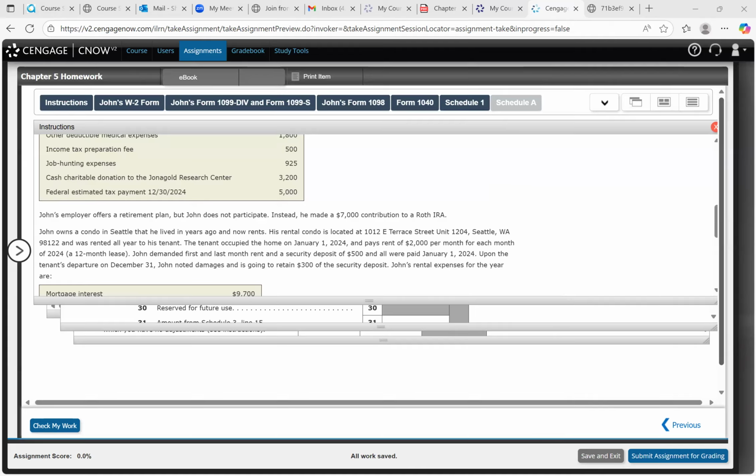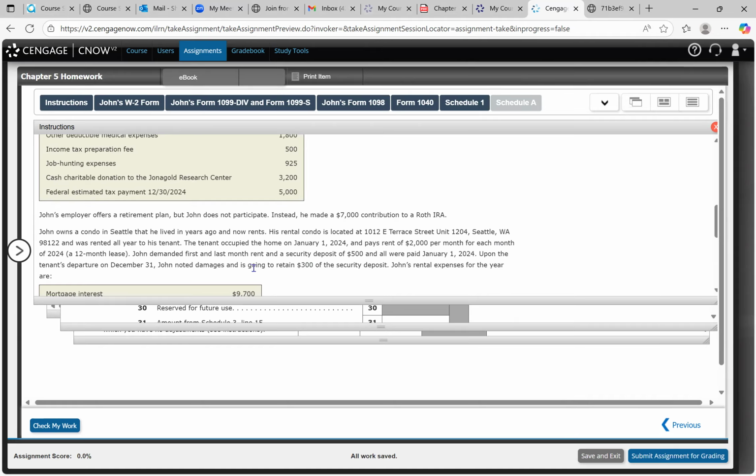Here we go. We'll put in the information that shows the address, and we will show it was rented for 365 days. The rents are 2,000 a month or 24,000, but it looks like there is a $300 security deposit that he kept.